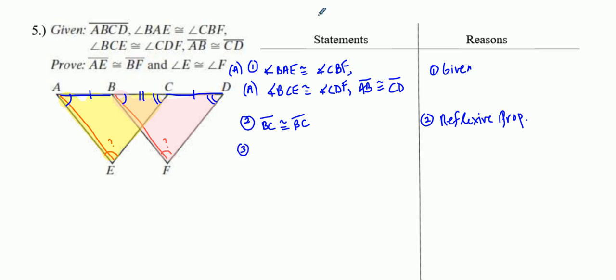Then we'll use addition, where we add AB and BC, which are the left sides of these congruent statements, and CD and BC, which are the right sides of the congruent statements. And this is the addition property.